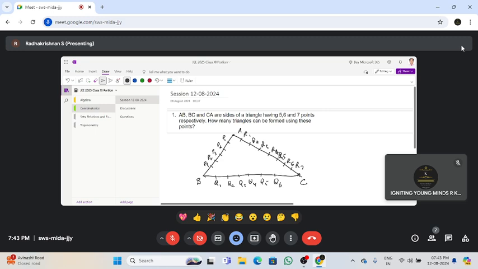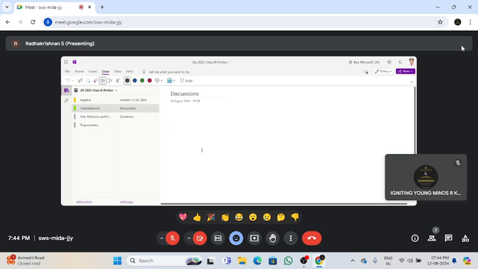First of all, there are 18 points, and how many ways can we pick 3 points? So we can see the totality of all the combinations that are possible, and then we can eliminate what will not form a triangle.